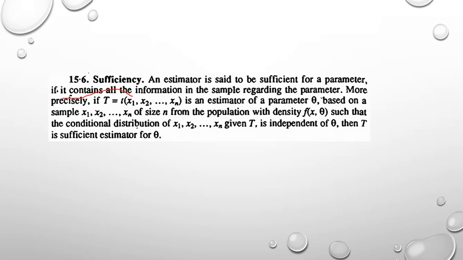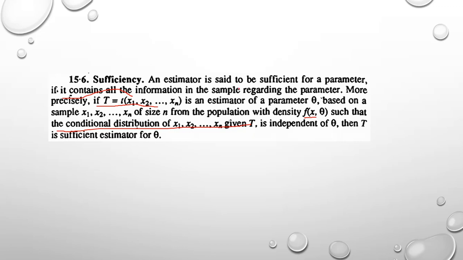More precisely, if t is a test statistic, an estimator of a parameter theta, based on sample values of size n from a population with density function f, such that the conditional distribution of x1, x2, and so on up to xn given t is independent of theta, then we can say that it is a sufficient estimator for theta. This is the actual definition: if the conditional distribution of x1, x2, ..., xn given t is independent of the parameter, then it is a sufficient estimator.